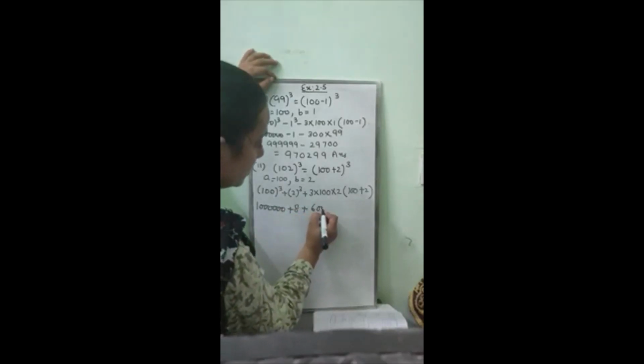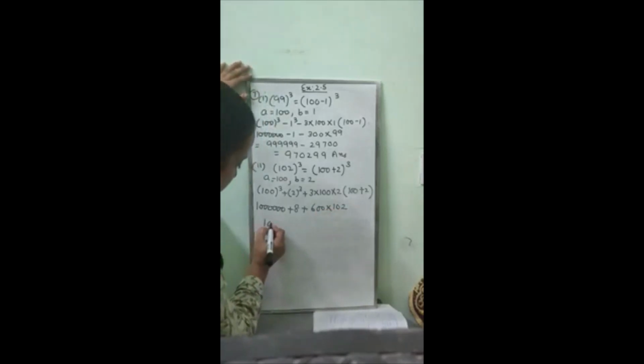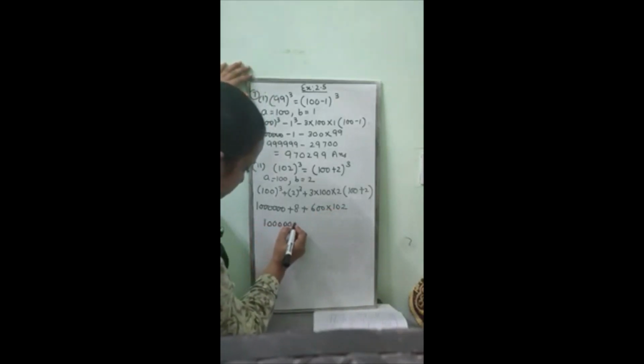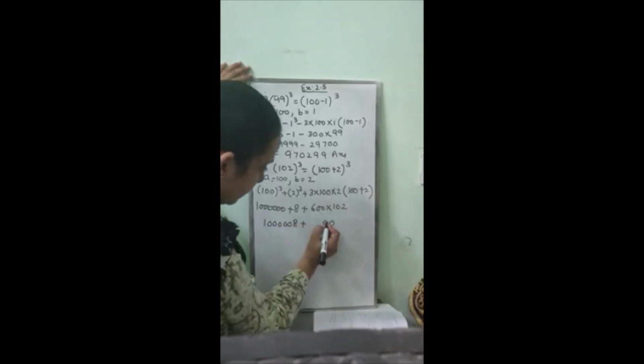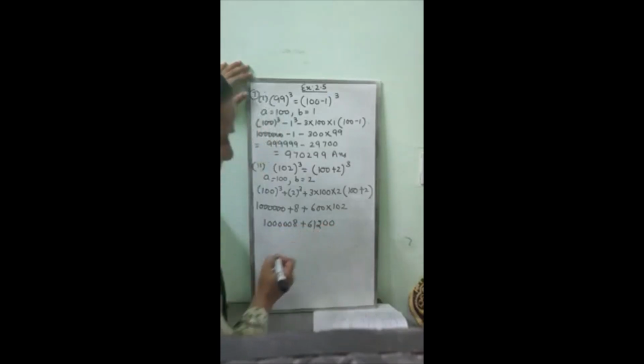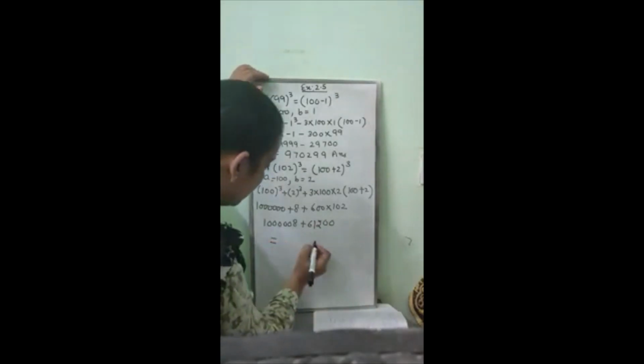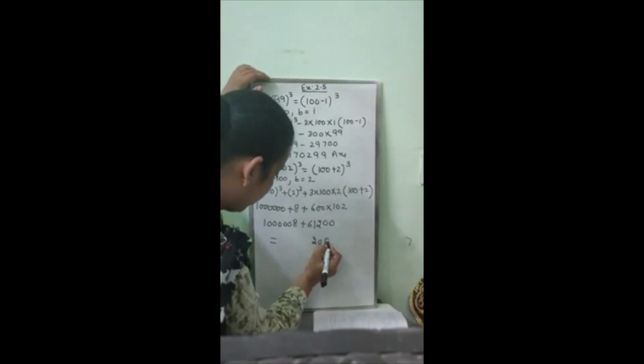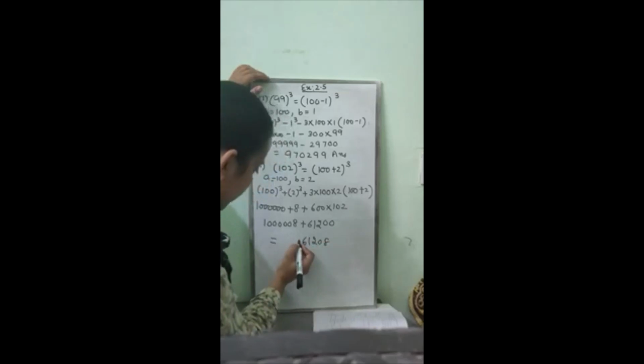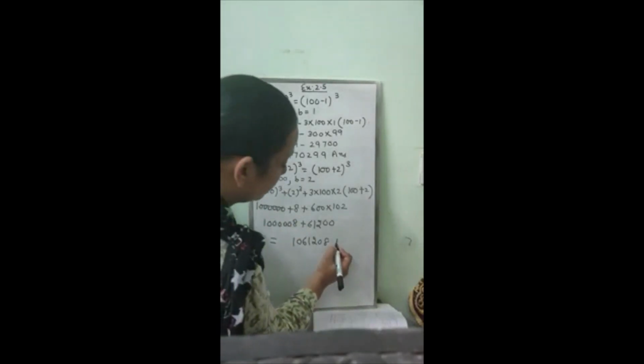This is 600 into 102, plus 61200. When these two numbers are added, you will get 1061208. Give a 1 minute review to these two parts thoroughly.